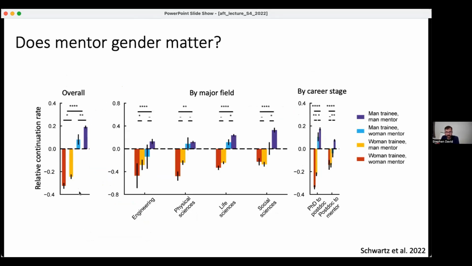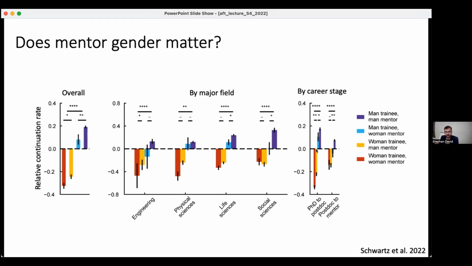And so we quantified this after controlling for time. Again, these are the 4 different groups. And what you see is that indeed, both for women and men trainees, the gender of the mentor does seem to matter. Across the entire database, across different fields, we're not always seeing significant effects, but we're seeing the same trend in every field.